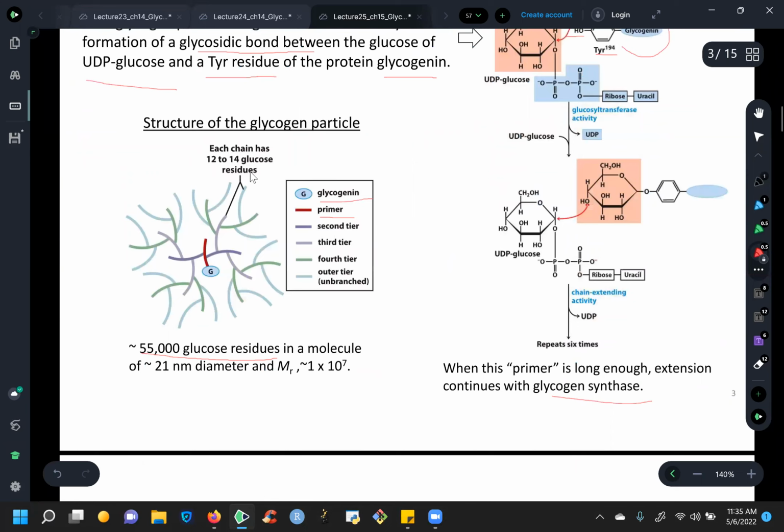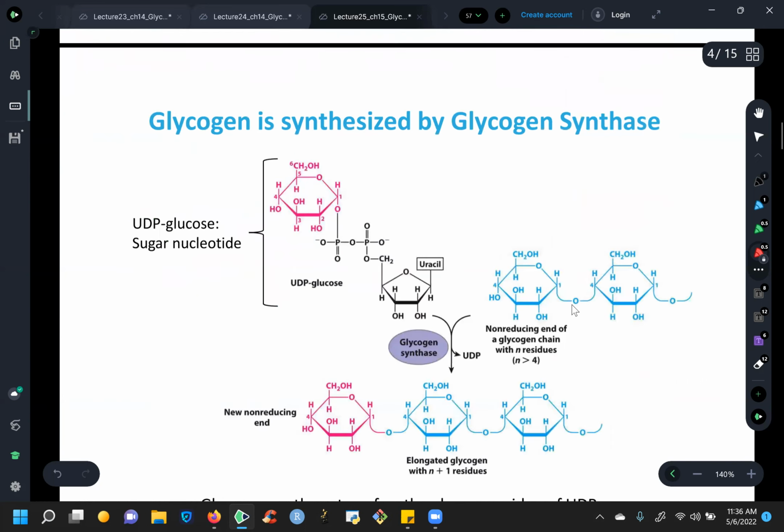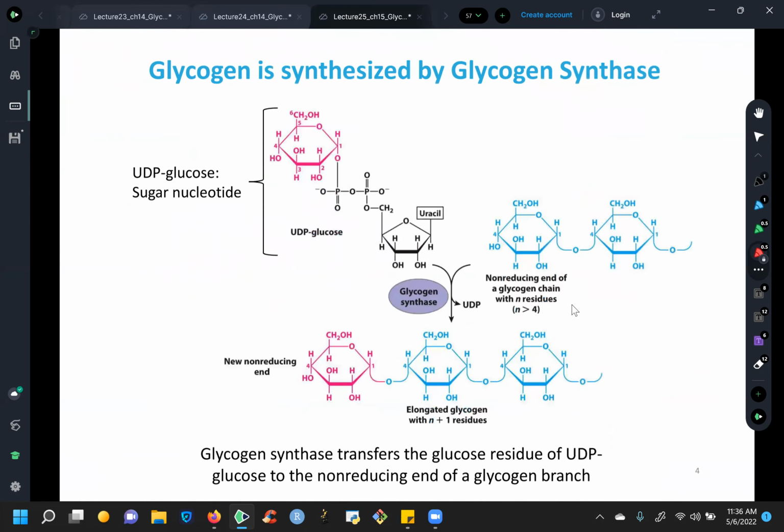It's 12 to 14 residues, and it's considered a primer. So glycogenin makes the primer. After that, the glycogen synthase enzyme goes ahead and continues adding more glucose to that glycogen molecule. So glycogen is synthesized by glycogen synthase. Yeah, that's the enzyme.